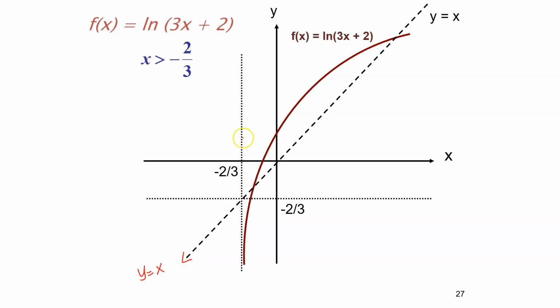Bila you ada satu sebelah sini, satu lagi you kena cari lagi negative 2/3 yang sebelah sini juga. So you get this one, the blue curve as your inverse function. So of course the inverse function pun tidak akan sentuh negative 2/3. Yang tadi original function dia tidak sentuh 2/3 yang ini. Now the inverse function, the blue curve, dia tidak sentuh yang negative 2/3 yang this one, yang horizontal.